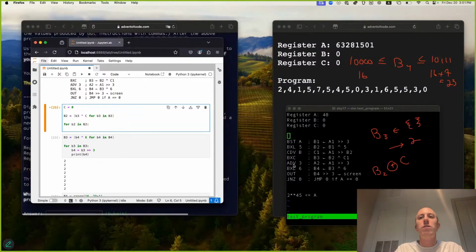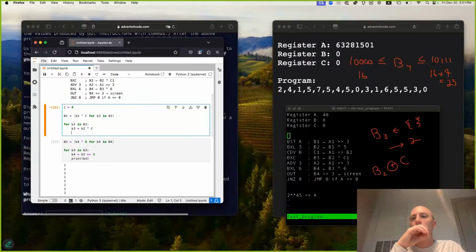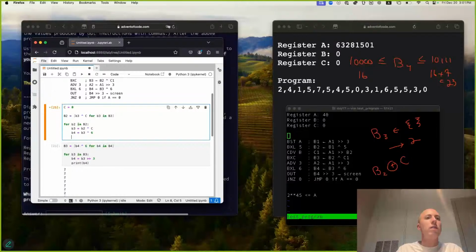We do B2 XORed with C. This is B3, and then B4 is equal to B3 XORed with 6.